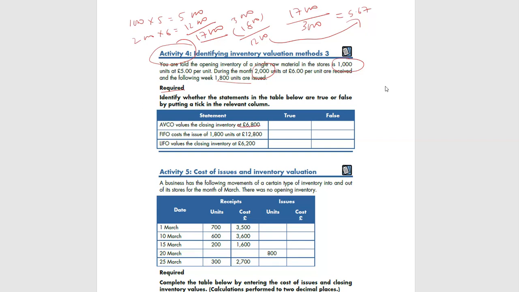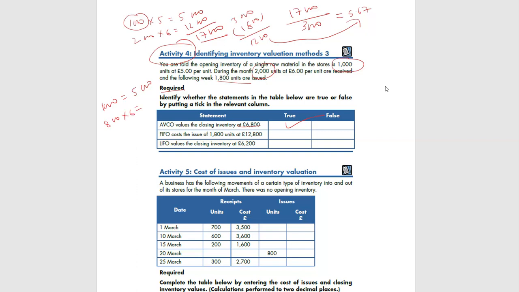The Fifo cost of issuing 1800 units is stated here. So let's have a look. For the Fifo cost of issuing 1800, the first one, we're going to take the whole 1000. The whole 1000 costs 5000, and we need 800 more from the 2000. So 800 times 6 gives me 4,800.